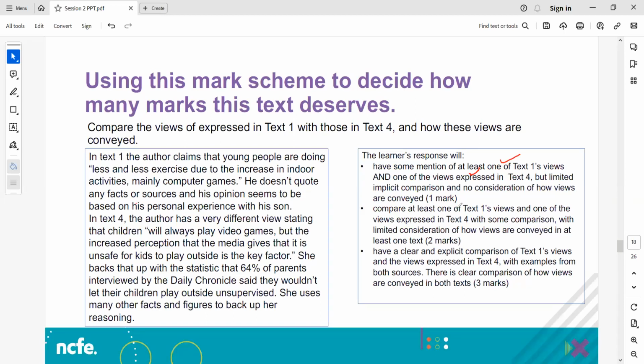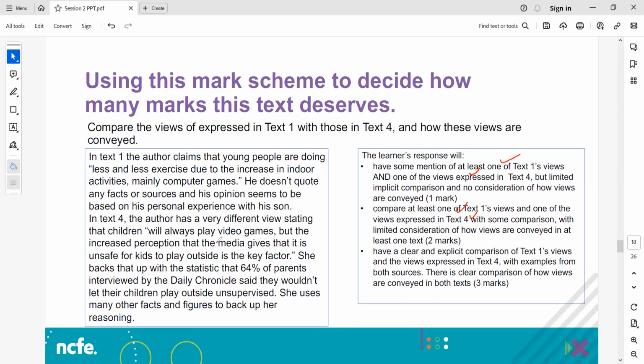And so it has got text 1's views, and one of them in text 4, yes. So in text 4, the author has a different view. So is there any comparison?